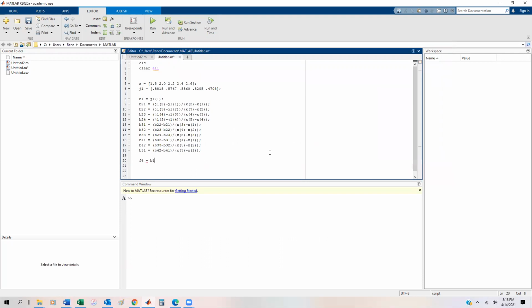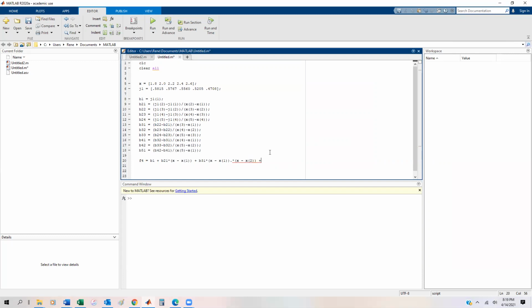That's going to be equal to B1 plus B21 times x minus x1 plus B31, and I'm going to say times x minus x1. And we might need some vector operations, so I'm going to say dot times x minus x2.